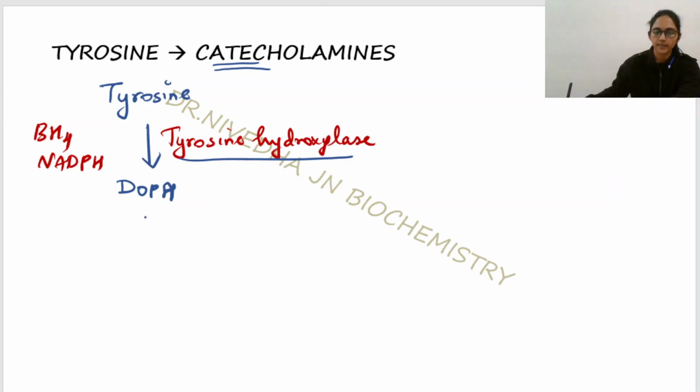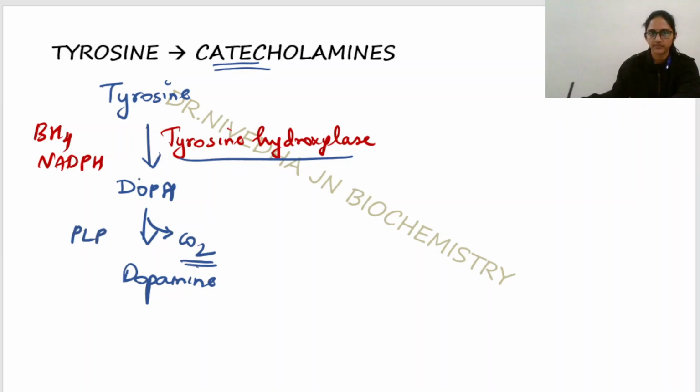Now this dopa gets converted to dopamine. Yes, dopa gets converted to dopamine by a decarboxylase reaction. So any decarboxylase will need pyridoxal phosphate. Yes. So which is the enzyme here? It is dopa decarboxylase.